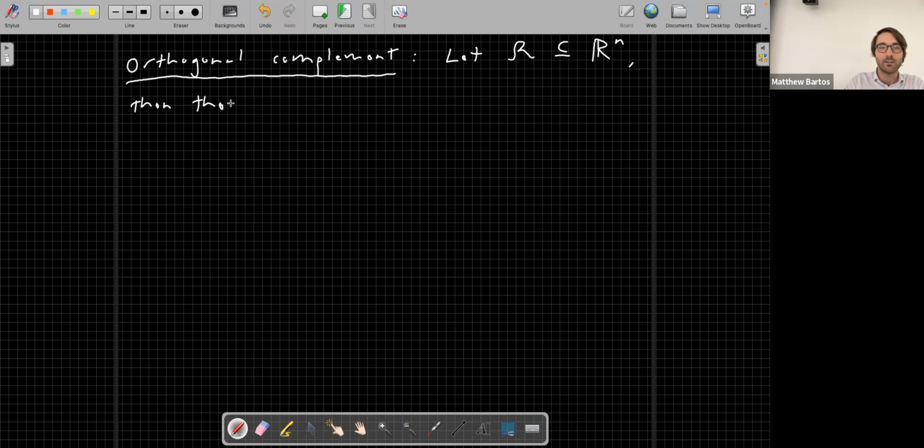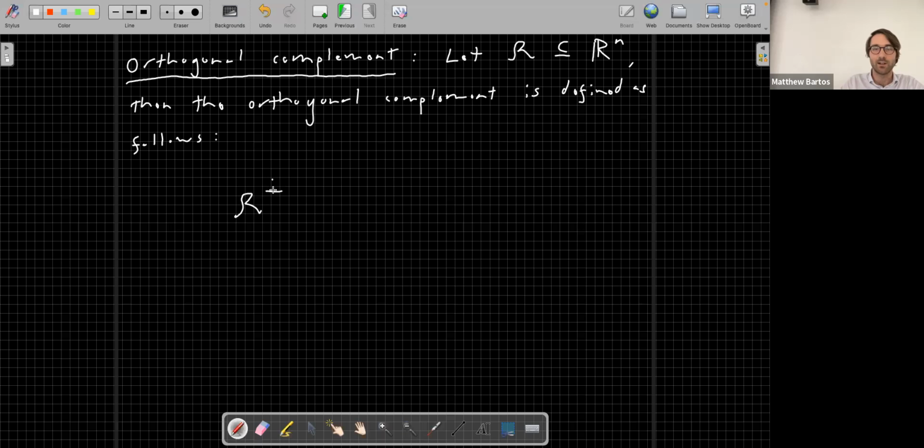Then the orthogonal complement is the set of vectors in Rn that are orthogonal to every vector in R. We define it as R with this little perpendicular symbol.